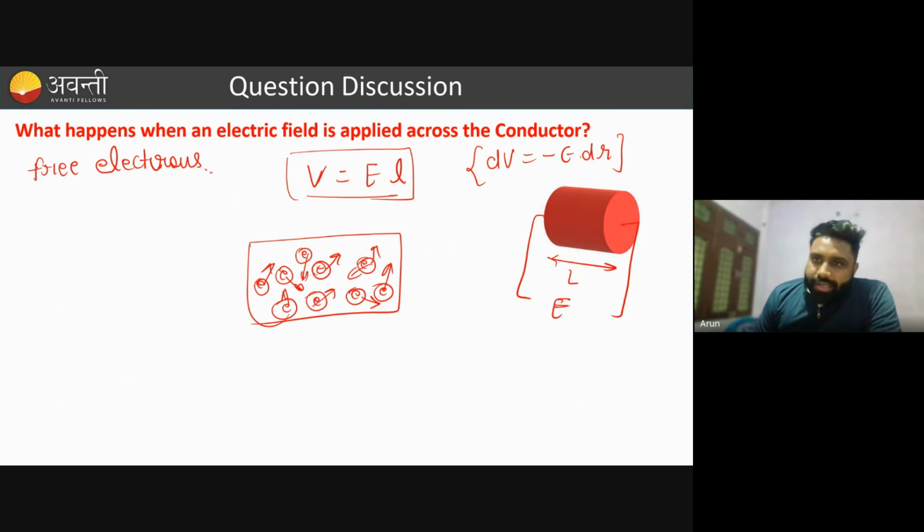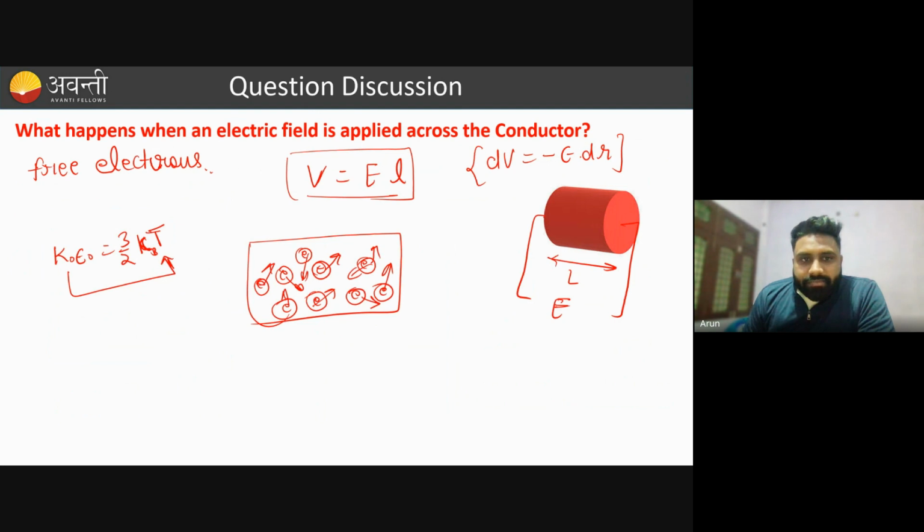We know according to the kinetic theory of gases, the kinetic energy is given by 3/2 kT, where k is a constant, or you can say kB T, where kB is the Boltzmann constant. You can see this kinetic energy is directly proportional to the temperature, which means the kinetic energy of a particular atom inside a conductor would be zero when the temperature is zero Kelvin.